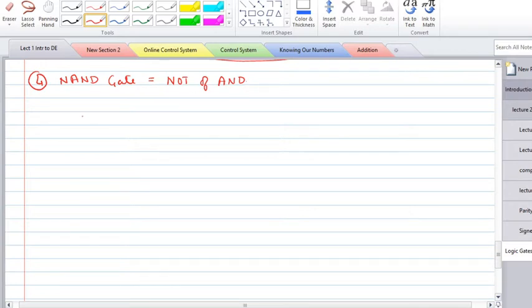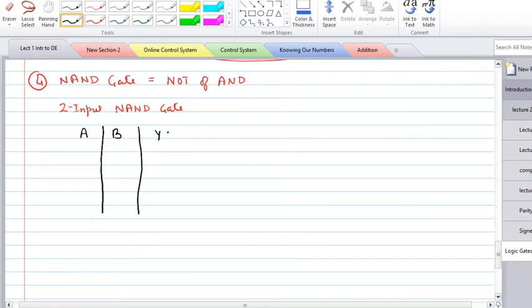See here, if we consider a two input NAND gate, suppose there are two inputs. Here A is the input, B is the other input, and Y is the output of the AND gate.